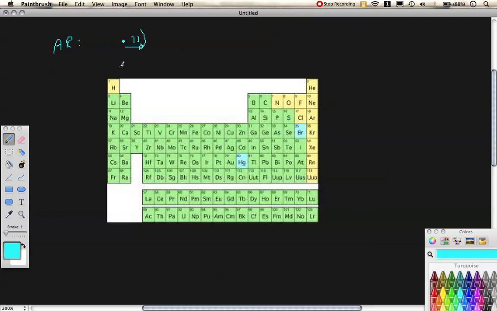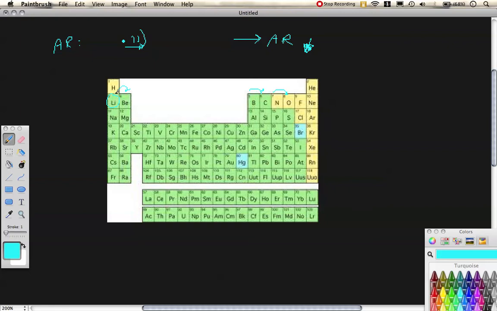And as you move across a period, atomic radius decreases, for the same reason that ionisation energy and electronegativity increase, and that is core charge increases as you move across.